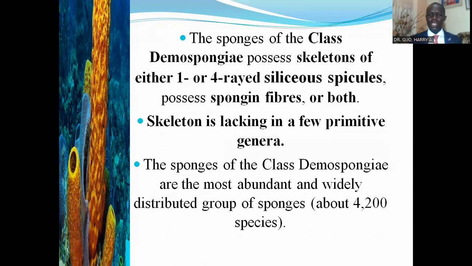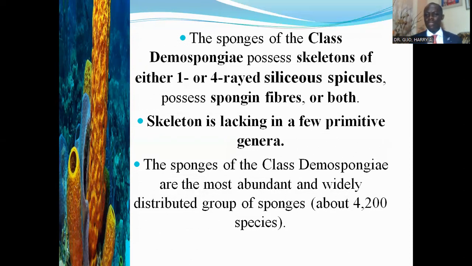The sponges in the class Calcispongia have spicules that are made up of calcium carbonate. They have calcareous spicules. Those in the class Hylospongea possess spicules made of silicon.